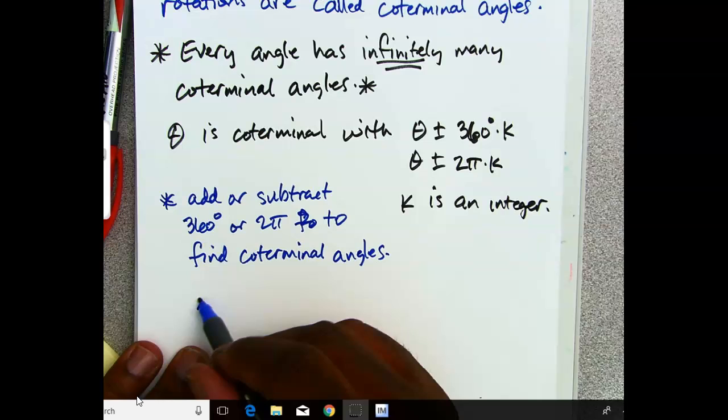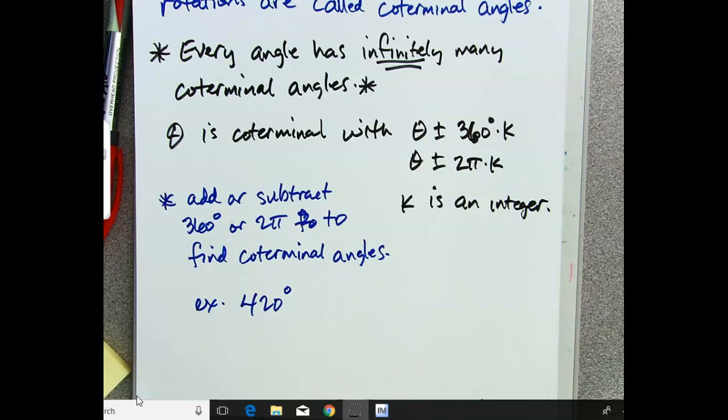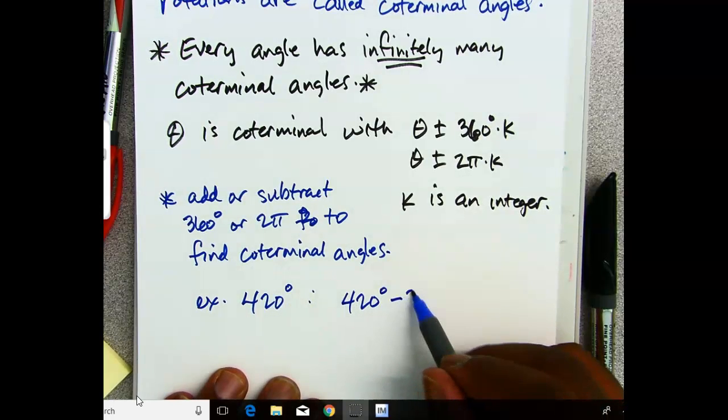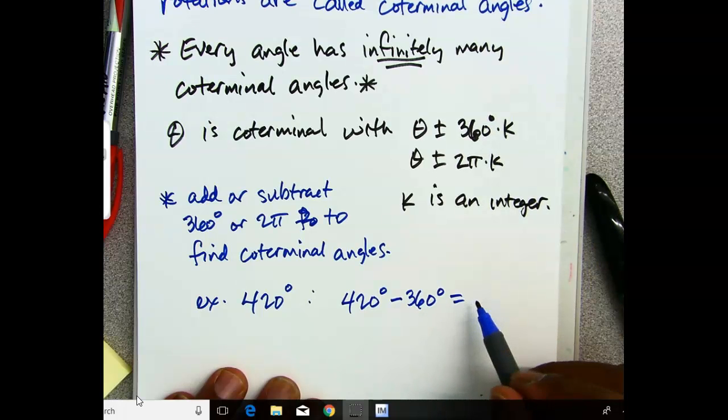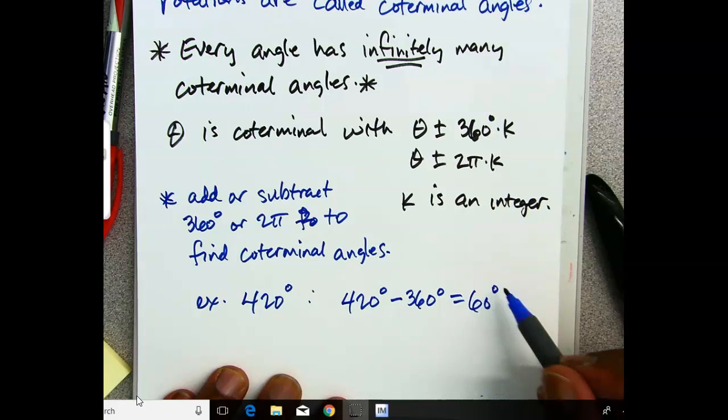So, example, 420 degrees. What's a positive and a negative coterminal angle to 420 degrees? 60 degrees. Okay. So I can go 420 degrees minus 360 degrees, and that gives us 60 degrees.